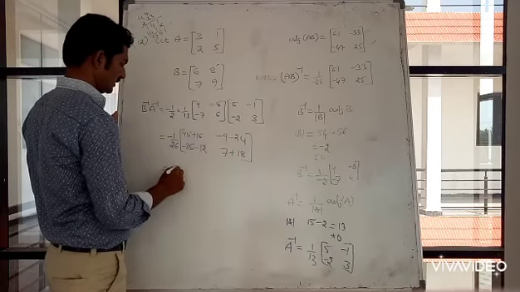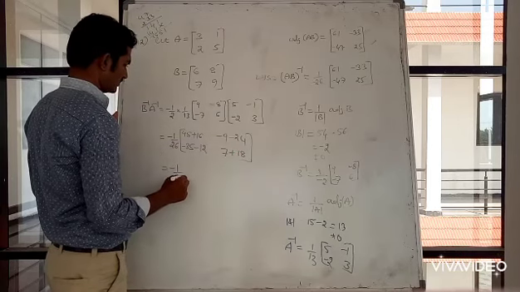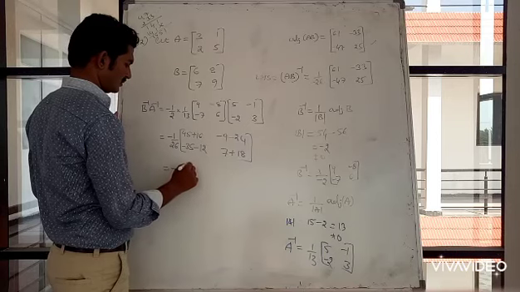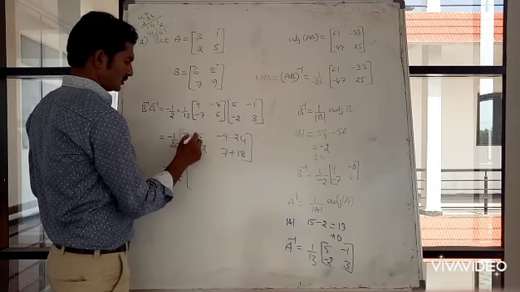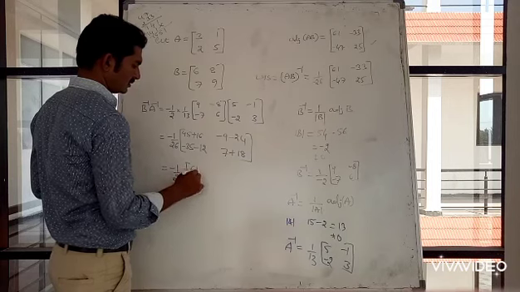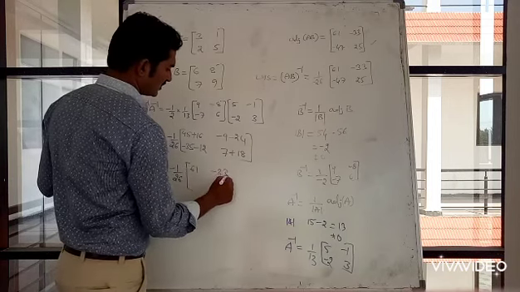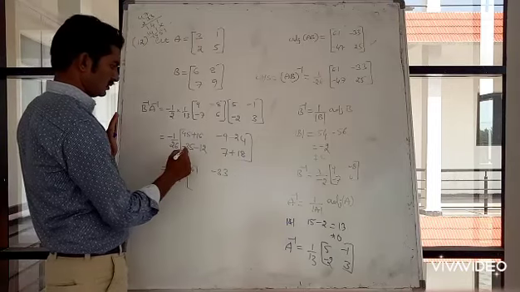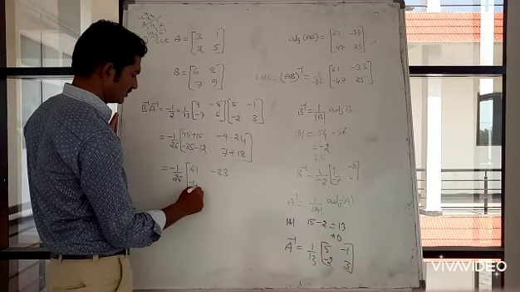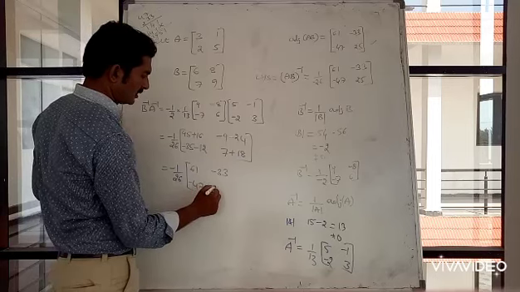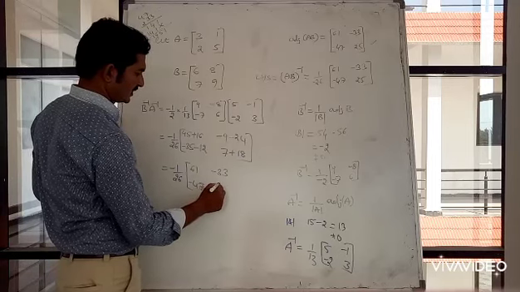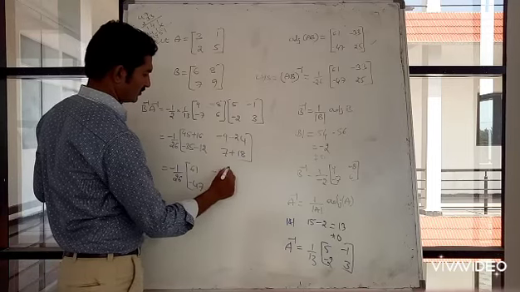Simplify this. Multiply. So 61, here it is minus 33, here minus 47, 18 plus 7 is 25.